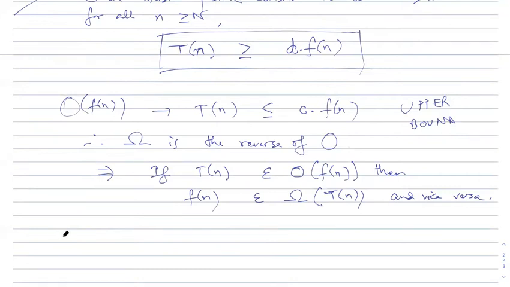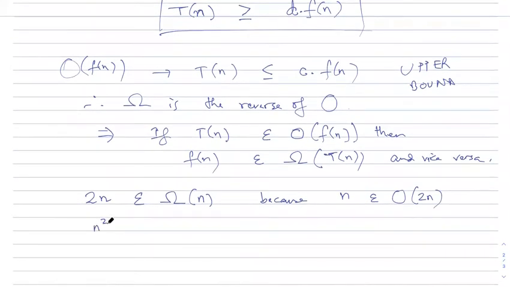So let's take an example. 2 times n is an element of sigma of n. Why? Because we can say n is an element of big O of 2n.